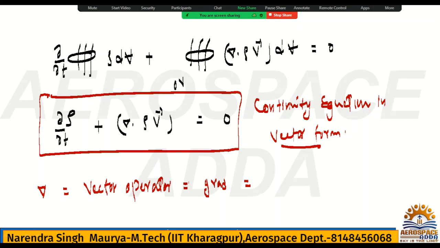I will tell you when it will be called a divergence, when a grad, when a curl, the different conditions. I will tell you whenever it is required, but first go for the vector operator. So this vector operator is grad. What does it mean?